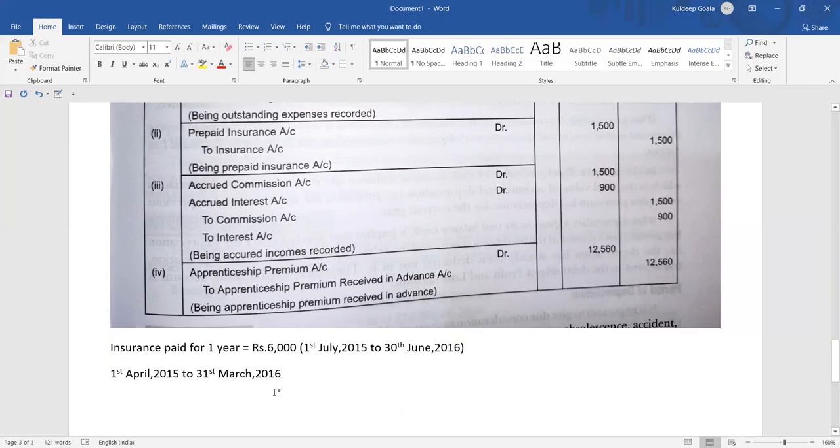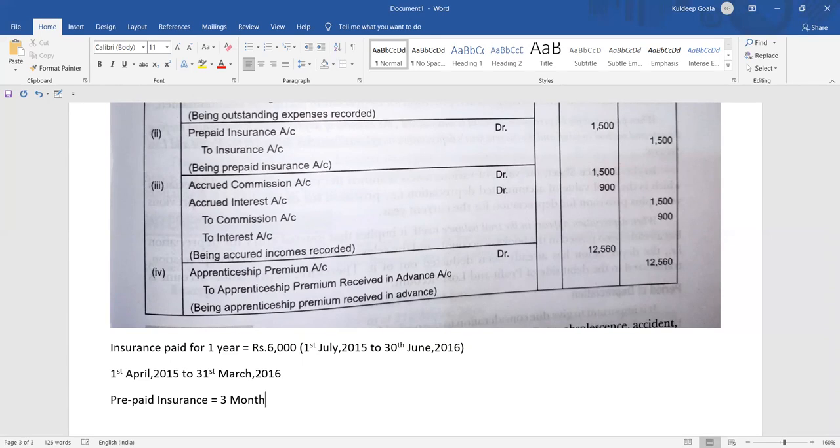So what was after March? April, May, June, 3 months extra, right? So what is the prepaid insurance? It is for 3 months. So how much will it be for 3 months?